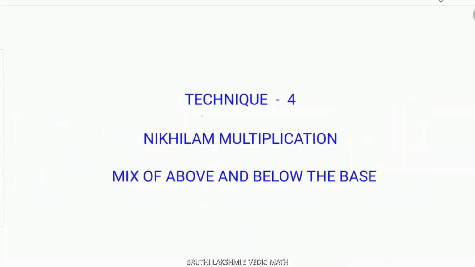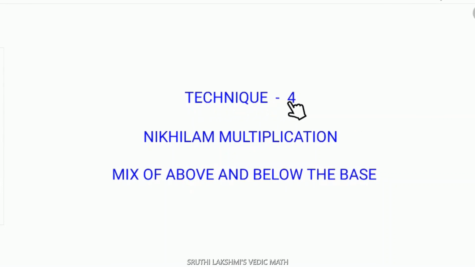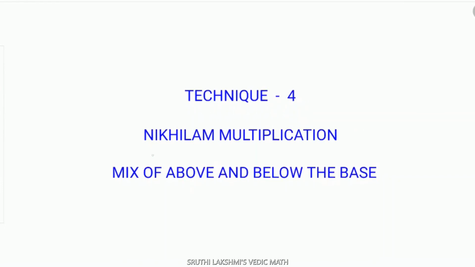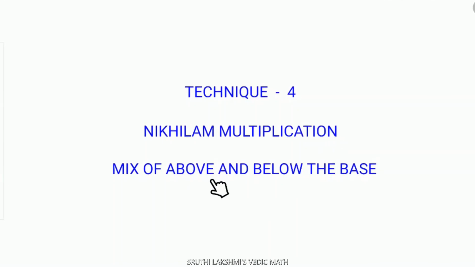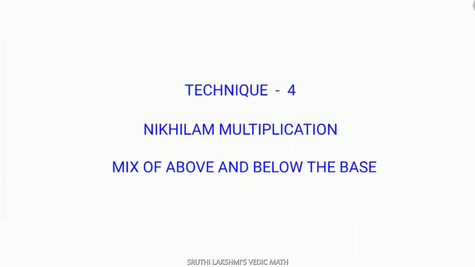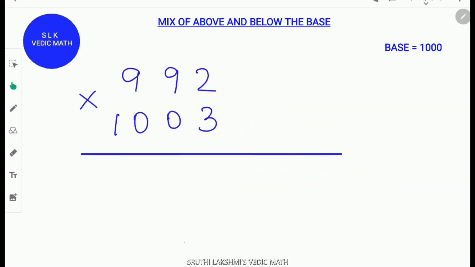Now, this is the fourth technique. Nikhilam multiplication with a combination of above and below the base method. Let's try an example. 992 times 1003.